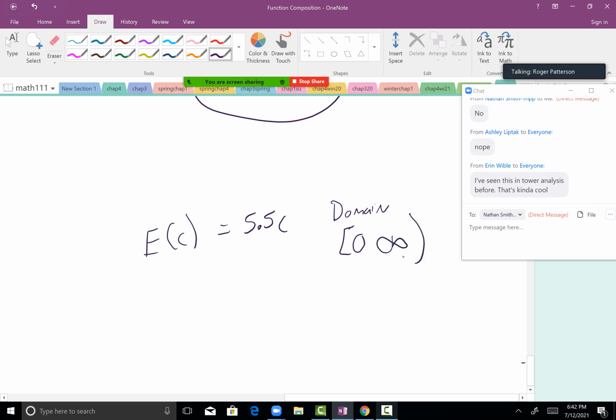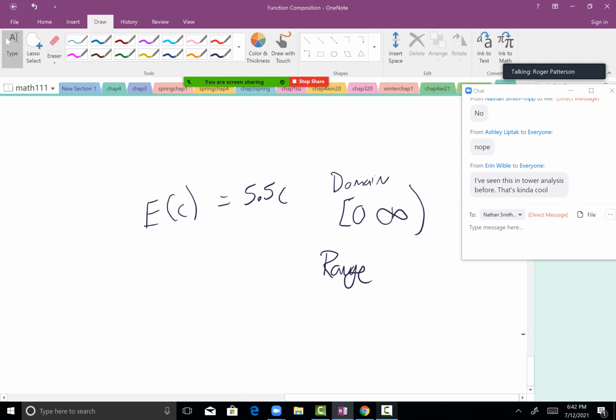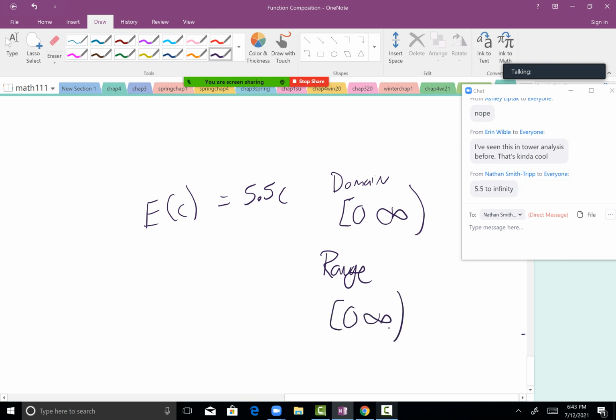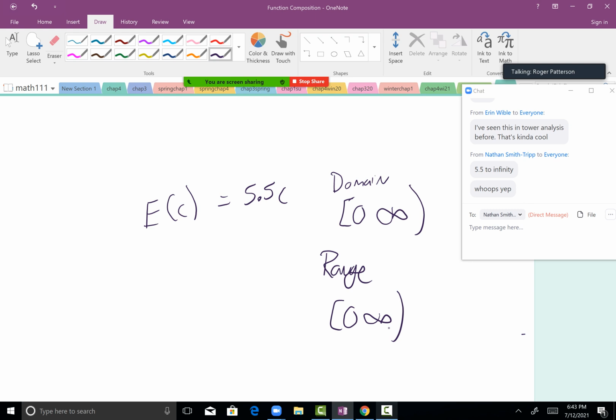Now, from that particular domain will come a range. And what would that range look like? The same, 0 to infinity. Yeah. Good, Sean. Good.